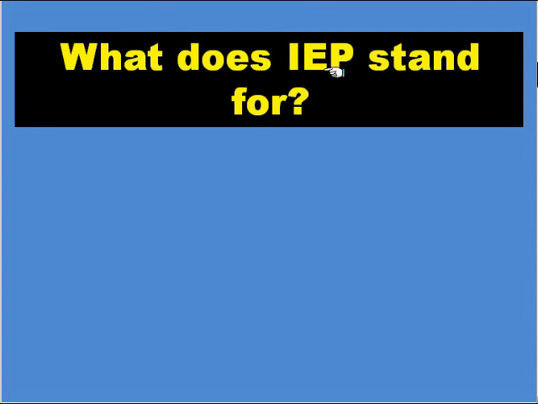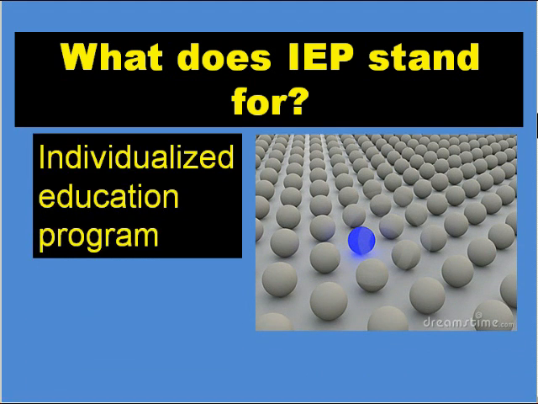The first thing I want to talk about is simply this. What does IEP stand for? Well, it stands for an Individualized Education Program. As you can see, we have one little blue dot among all these little white dots, and that is just a visual to remind you that an IEP is individualized.